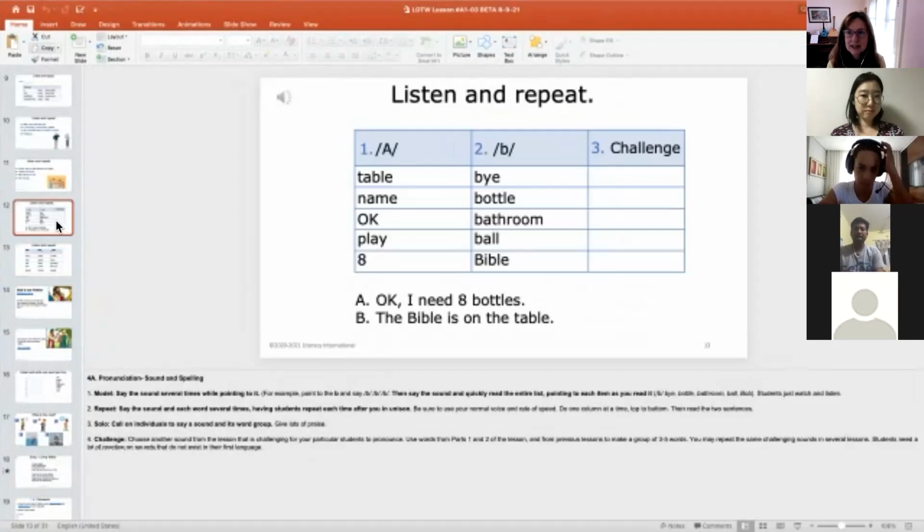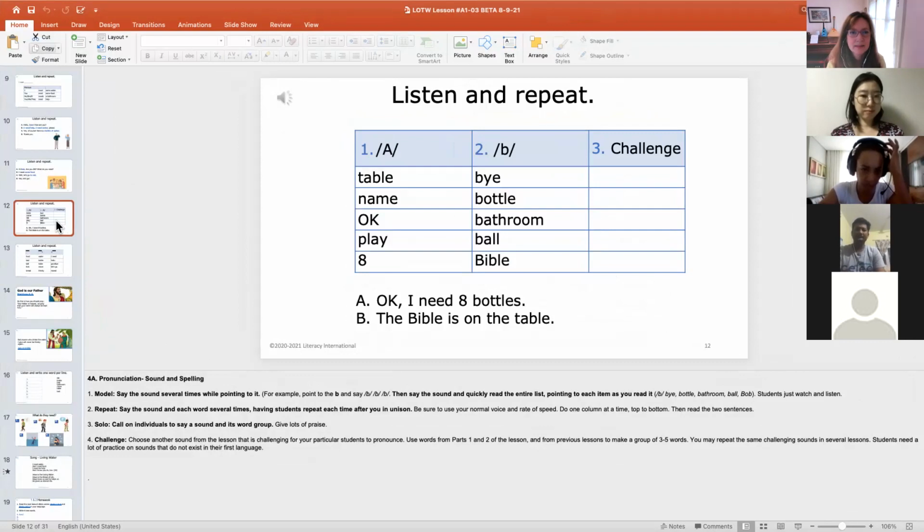And in the pronunciation part of the lesson, we are reviewing two specific sounds. And then we also look at a particular sound that our group of students has difficulty pronouncing. So that's going to vary from class to class and student to student, depending largely on the student's first language.